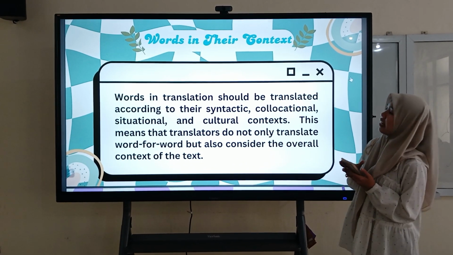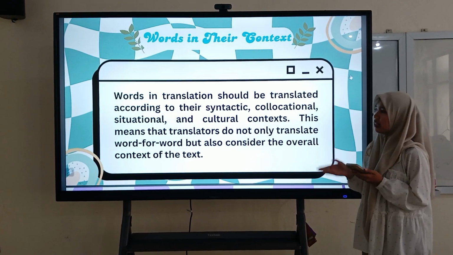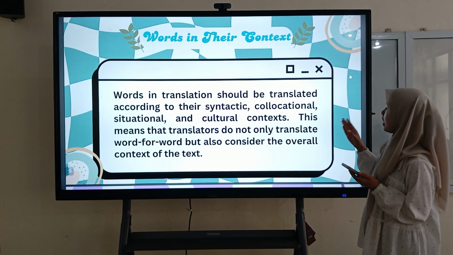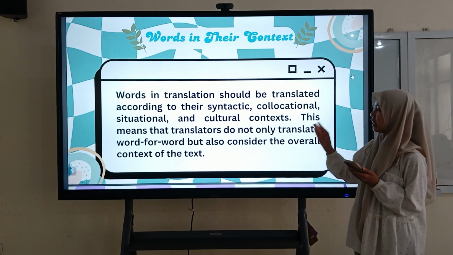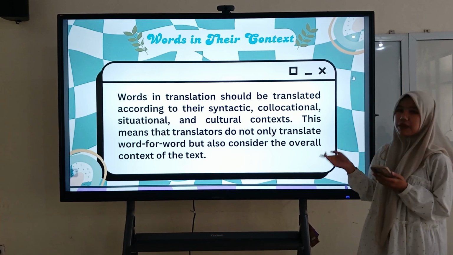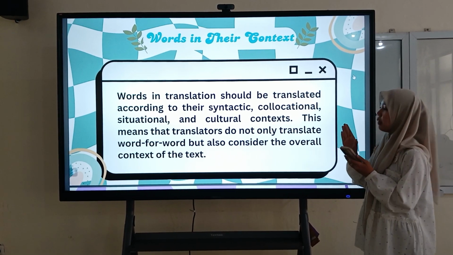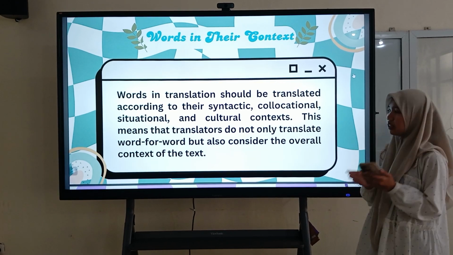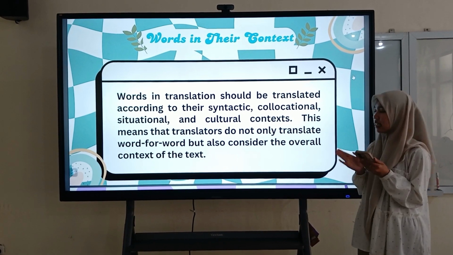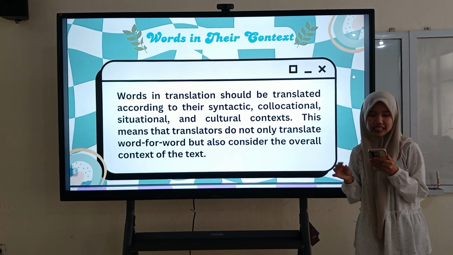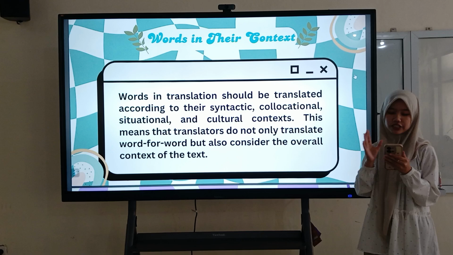Next, words in their context. Words in translation should be translated according to their syntactic, collocational, situational, and cultural context. This means that translators don't only translate word for word, but also consider the overall context of the text. For example, the sentence "The boy is running" is translated to "anak laki-laki itu sedang berlari" in Indonesian.